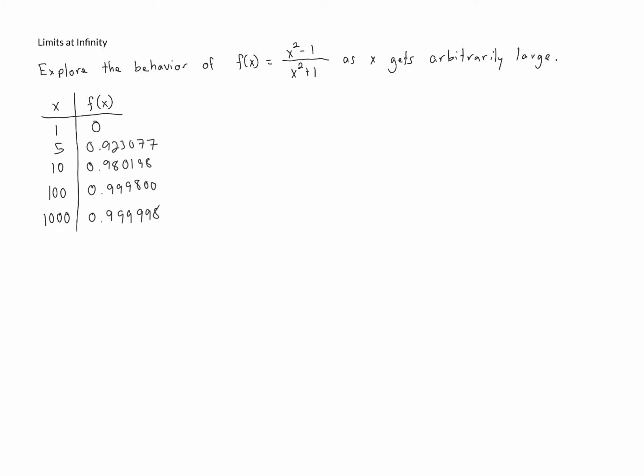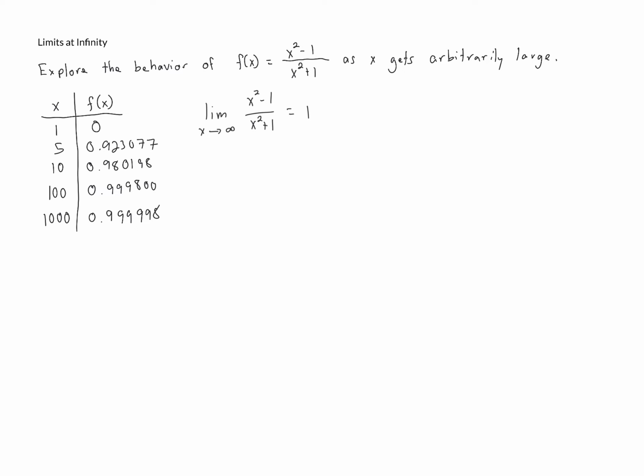So if you look at the function values as x is getting larger and larger, as x is approaching positive infinity, you can see that the function values are very much approaching 1. And because of that, we can say the limit as x approaches infinity of x squared minus 1 over x squared plus 1 is equal to 1. That is our first limit at infinity.